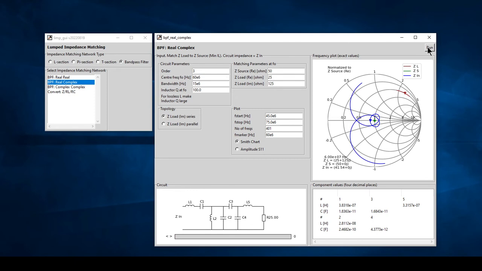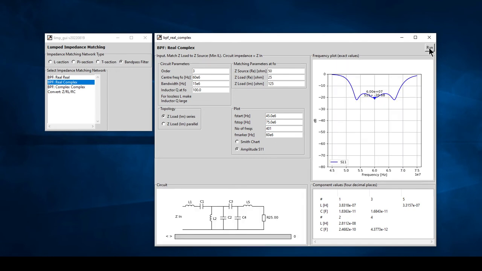Okay, so when we run this, we get our circuit diagrams. We get our responses, and as expected, if we make our bandwidth narrower, we're going to get a better match over the narrower bandwidth, so that you expect from a matching network.